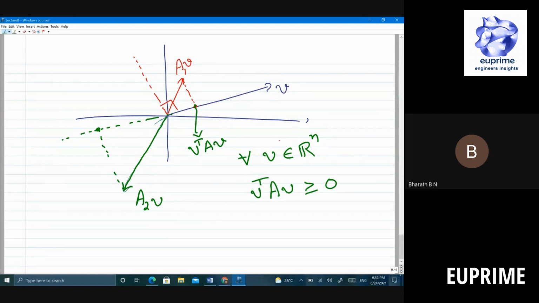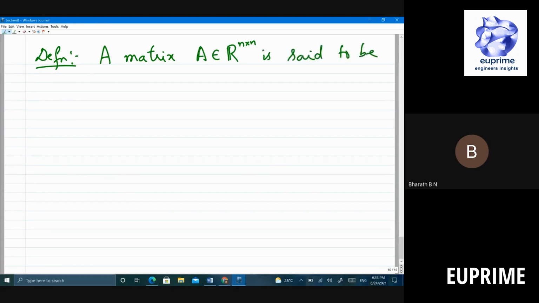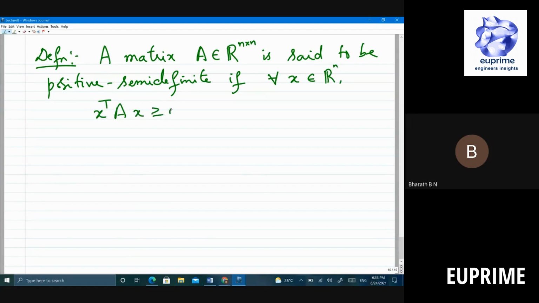Let's define that. This is the definition. A matrix A belonging to Rn cross n is said to be positive semi-definite if for every x that you take in Rn, x transpose Ax is greater than or equal to 0.